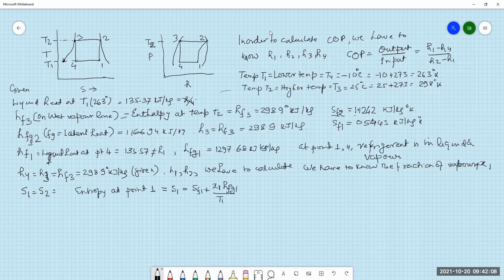SF1 is given as 0.5443, the entropy at point 1. So 0.5443 plus x1, which is unknown, times 1297 divided by the temperature T1, which we calculated here as 263. This reduces to 0.5443 plus 4.934 x1.